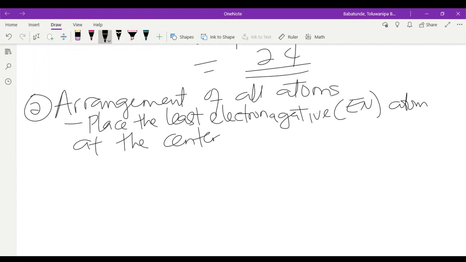And if you have hydrogen, you place hydrogen at the terminal.